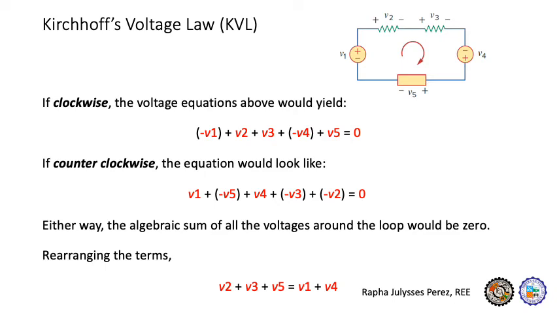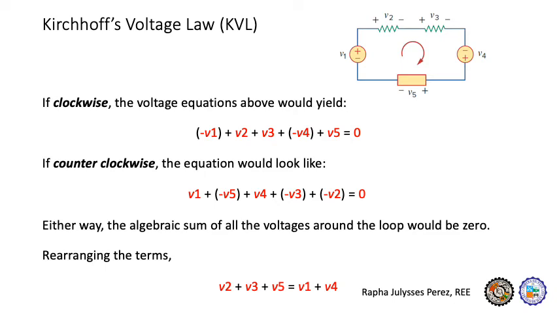In the clockwise direction, for example for V1, it hits the negative terminal first. Hence, we treat V1 as a negative voltage, and the same is true for V4. But if we treat counterclockwise as the direction for our loop, the positive terminals of V1 and V4 would be hit first by the loop.